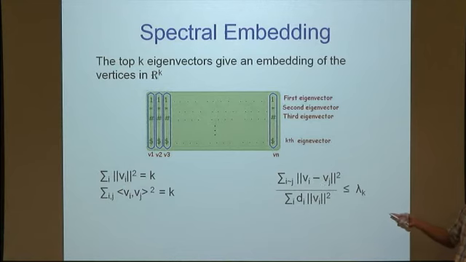And it is also easy to see that the average distortion of this embedding is at most lambda k. This follows from the fact that each coordinate has distortion at most lambda k, because they are the first k eigenvalues. Any questions? No?